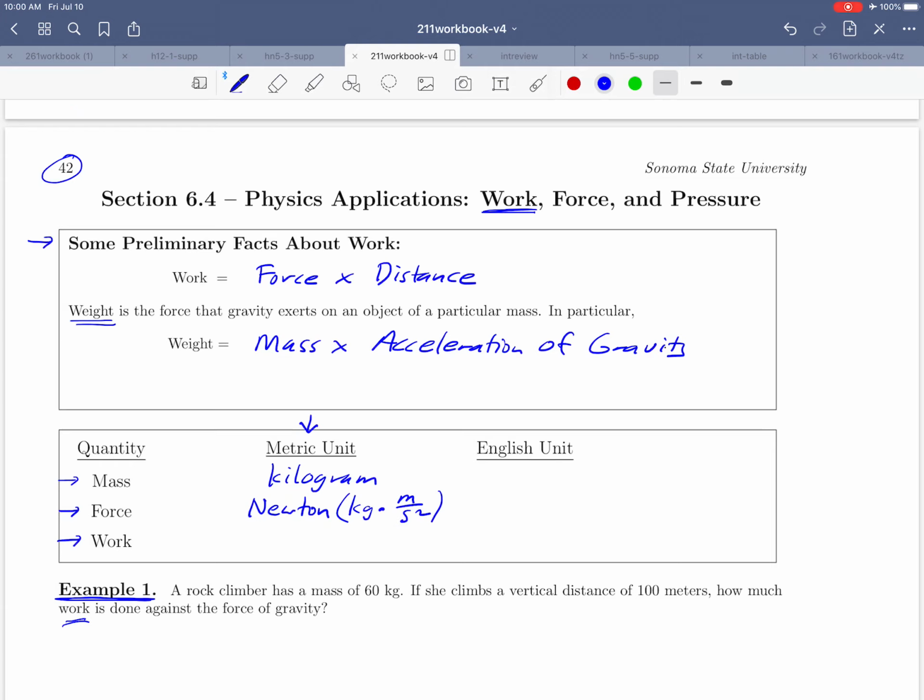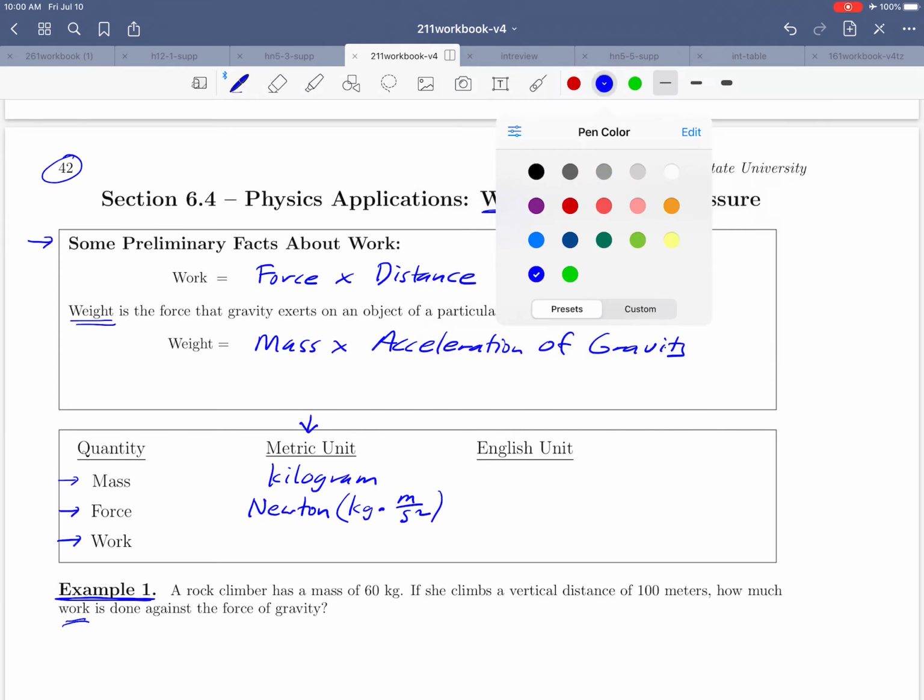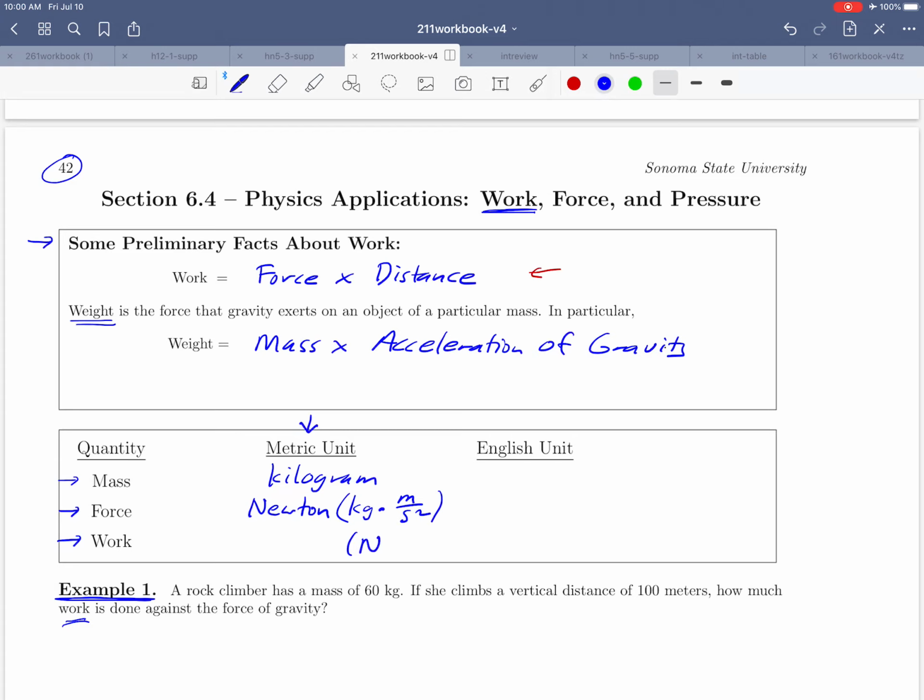Okay, and then we come to work. Okay, work is force times distance according to that formula up there. So we want to take force, which is measured in newtons, and multiply it by a distance, meters. And newtons times meters has a name. It's called a joule. Okay, so we've got kilograms, newtons, and joules for these three quantities.